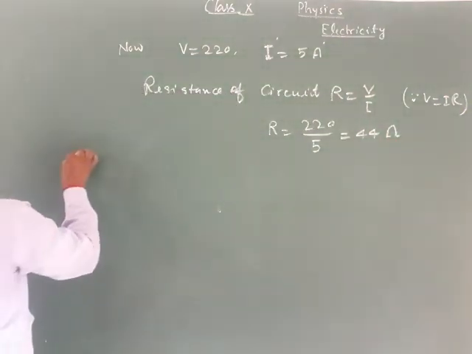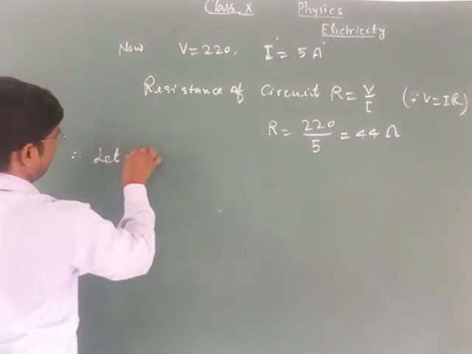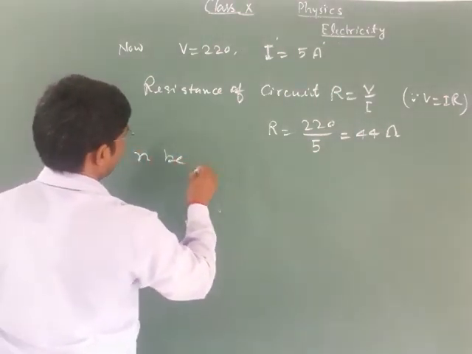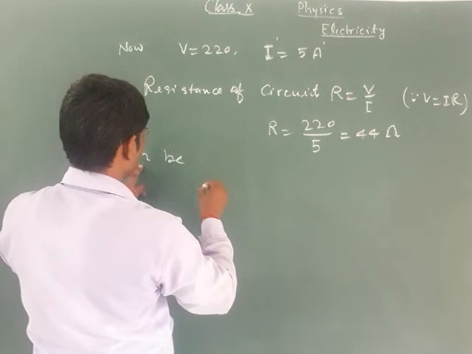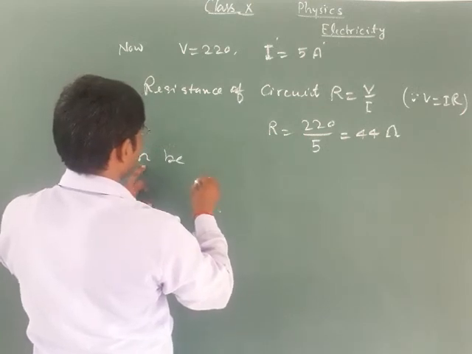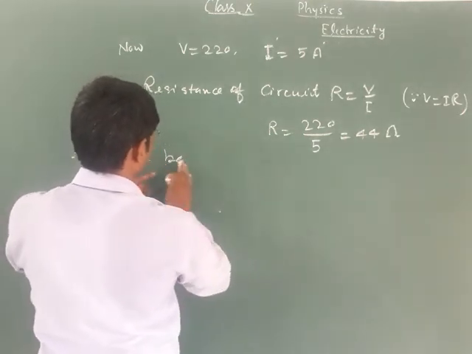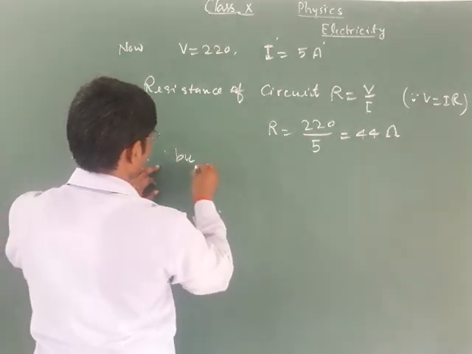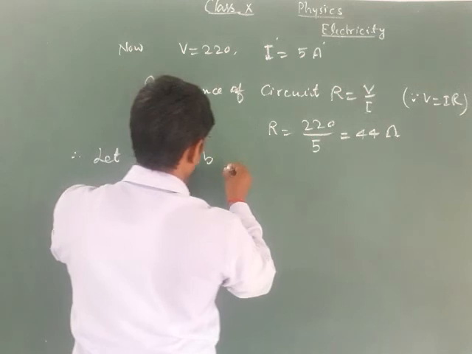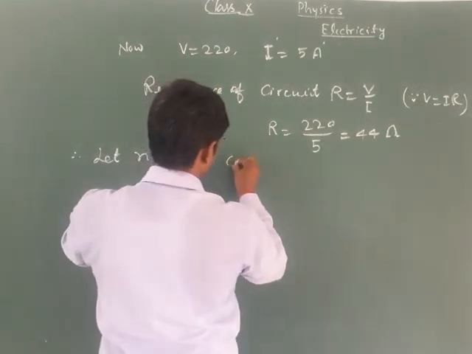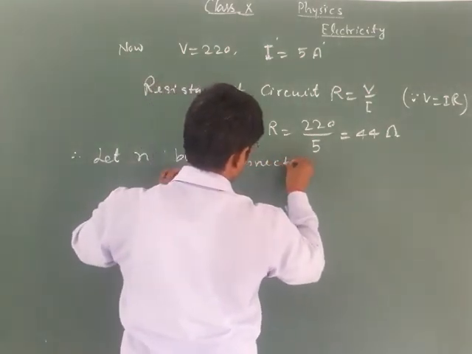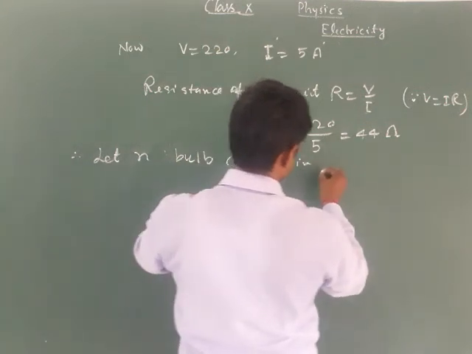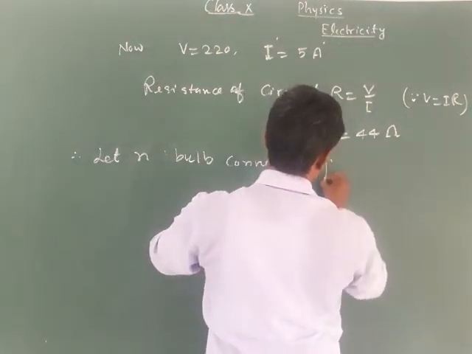Let n be the number of bulbs connected in parallel.